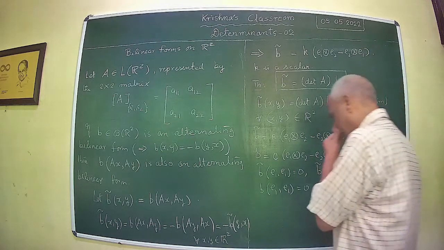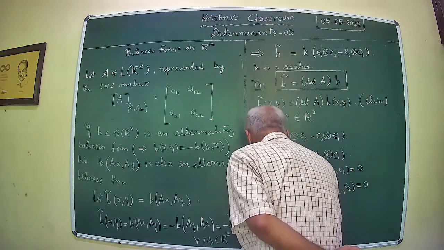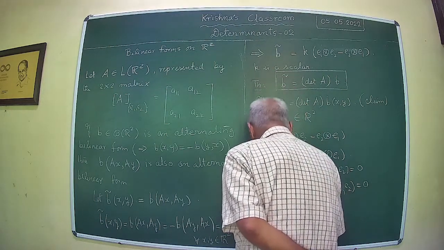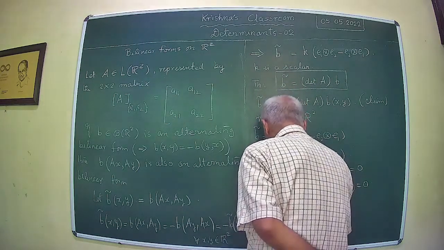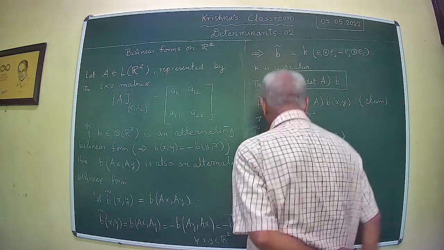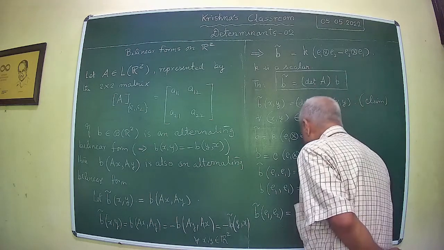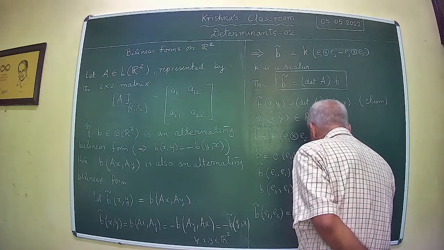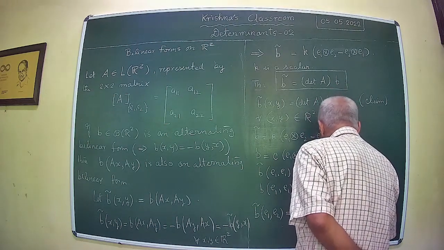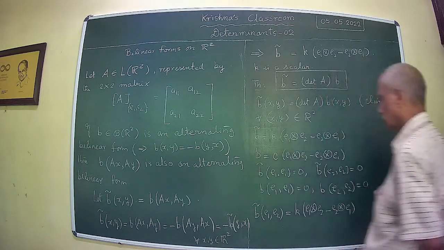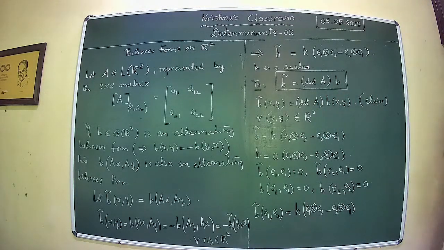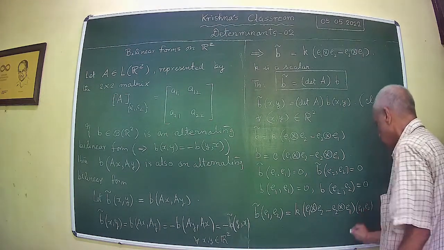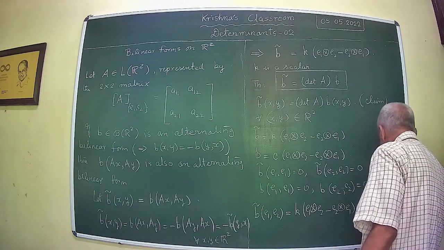So let us compute that. Okay, B tilde of E1 E2 equal to K of, and that's equal to simply K.